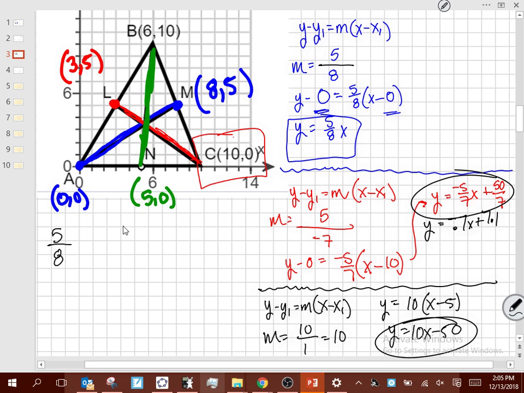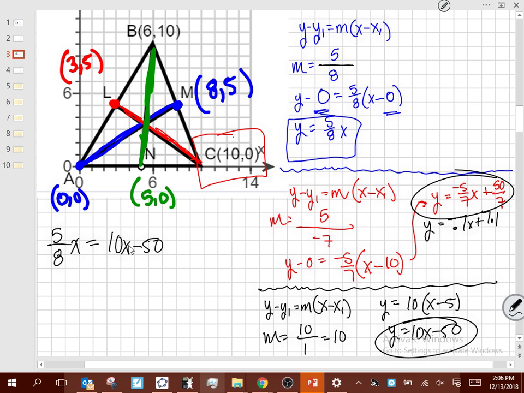If I have 5/8 x equal to y, and I have 10x minus 50 equal to y, where they cross, shouldn't these expressions be equal to each other? Now, if I would have thrown in the 5/7 with the 5/8, then I'd have to multiply everything by 7 times 8. If I would have thrown in the 5/7 with the 10x minus 50, I'd have to multiply everything by 7, and it just gets messier.